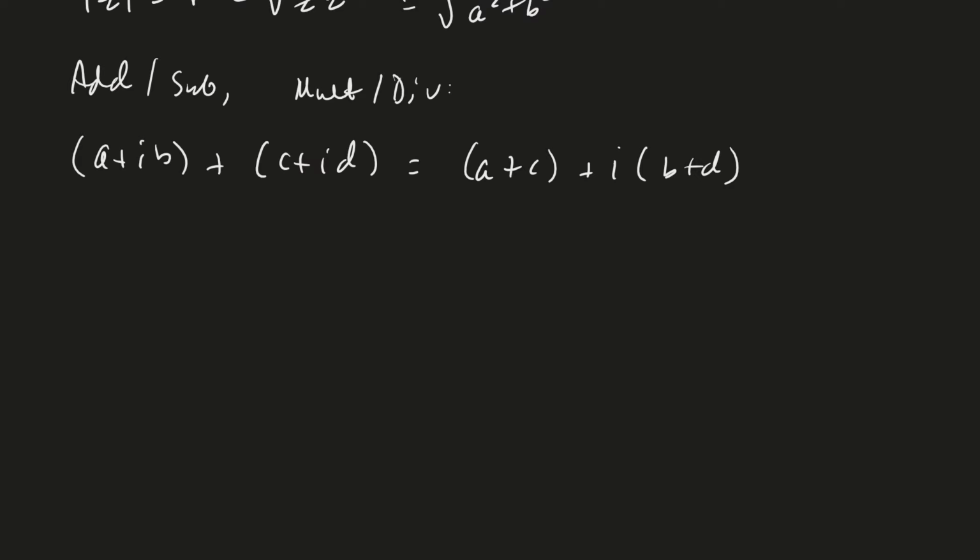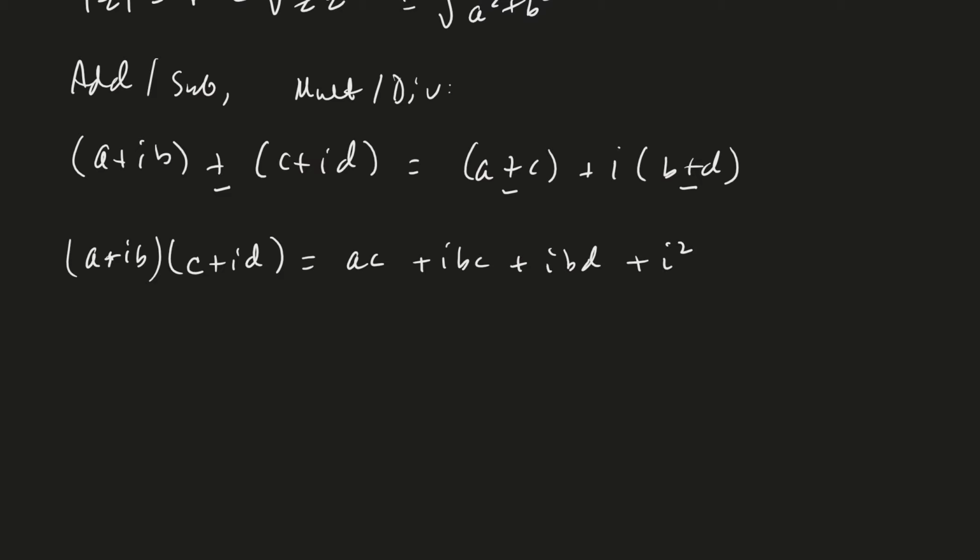Okay. Similarly, if that was a negative sign, then you would subtract the two reals and subtract the imaginaries. Good. And then multiplication, oh, I guess we just did multiplication, didn't we? Without even realizing it. You would just FOIL this out. Remember FOIL? First, outer, inner, last. So ac plus ibc plus iad plus i squared bd.